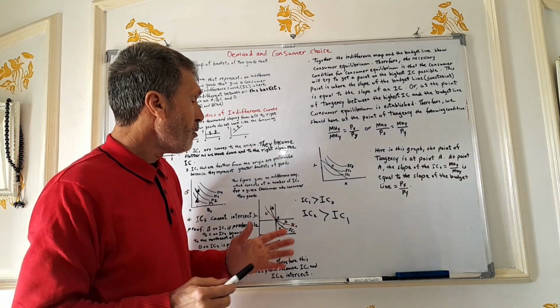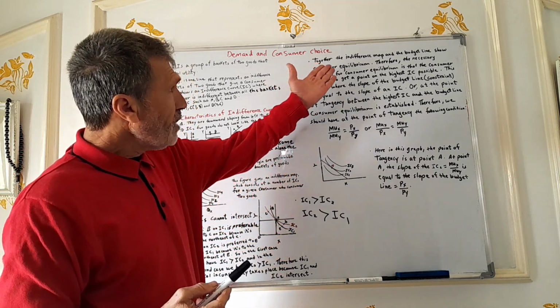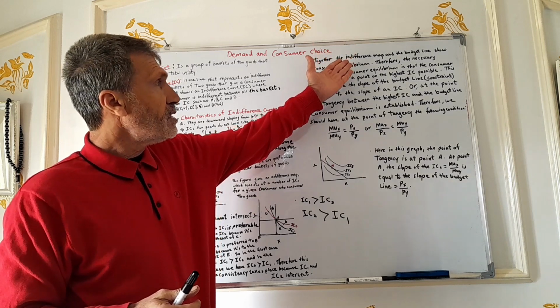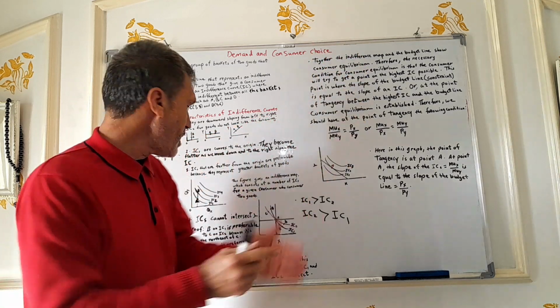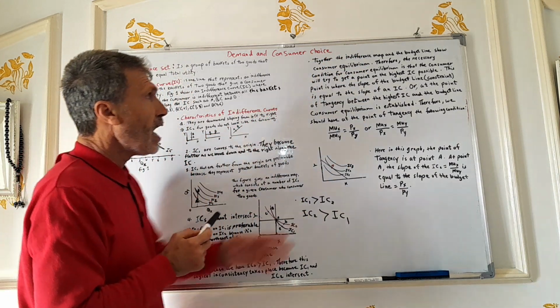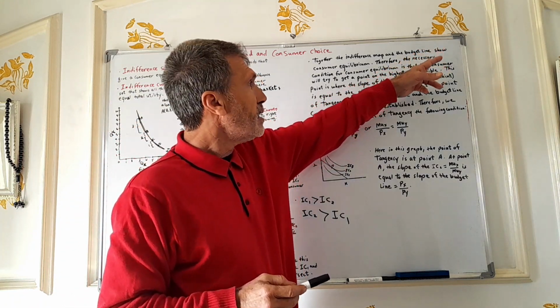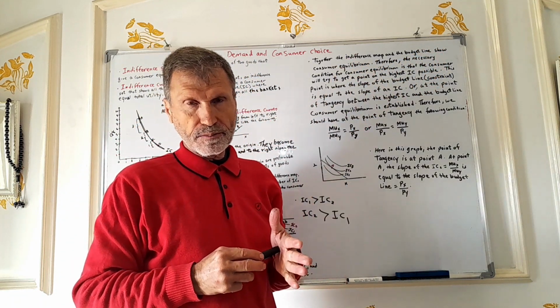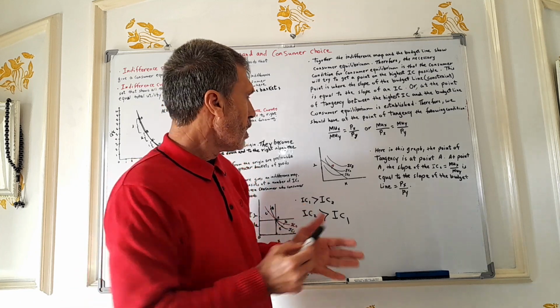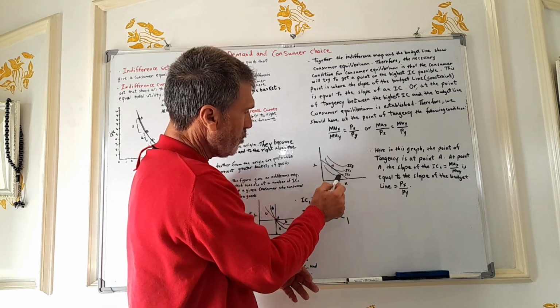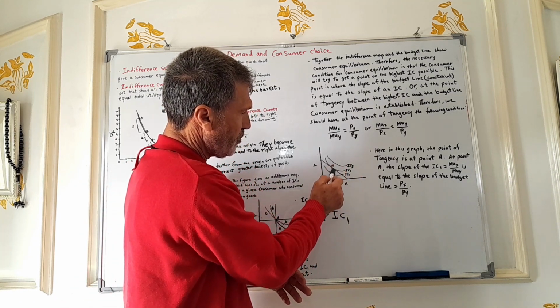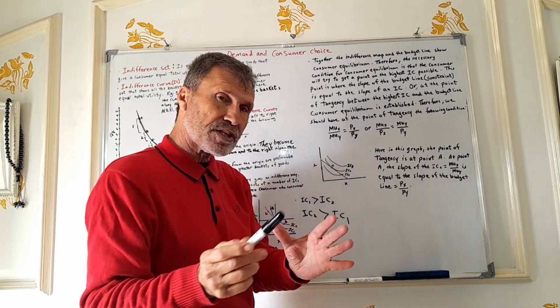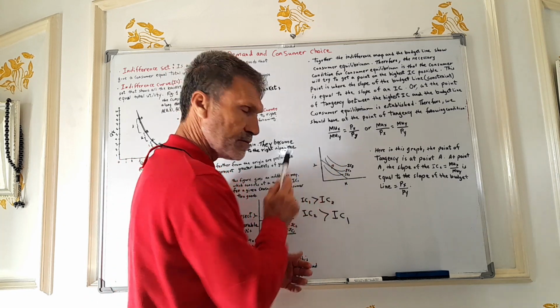Now, together the indifference map, which consists of many indifference curves, and the budget line show consumer equilibrium. Look over here. You have many indifference curves, that is the indifference map, and you have the budget line.